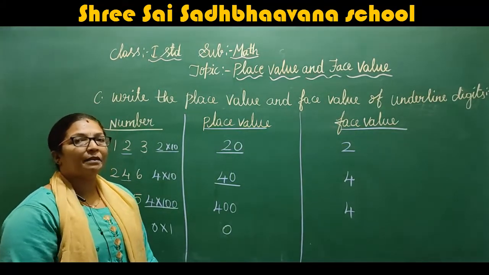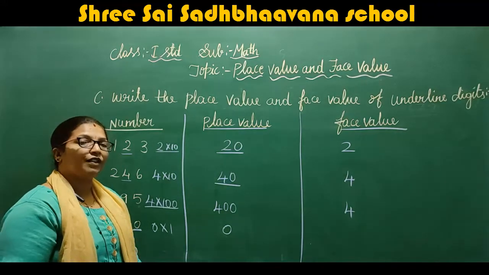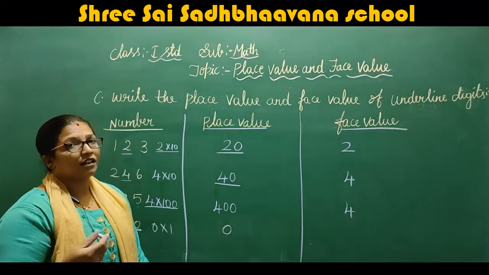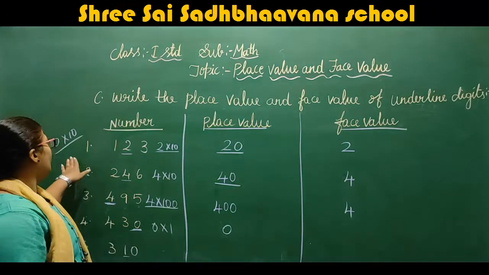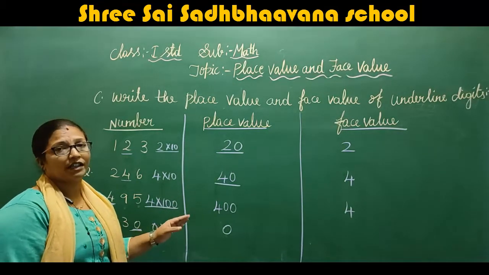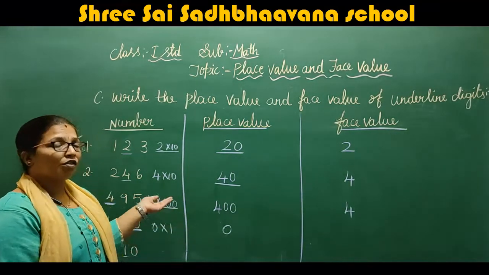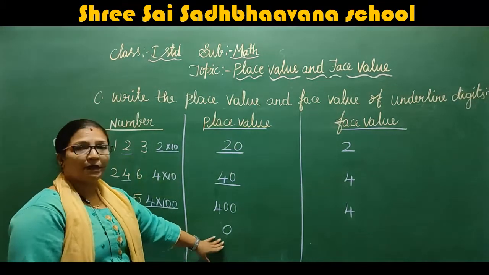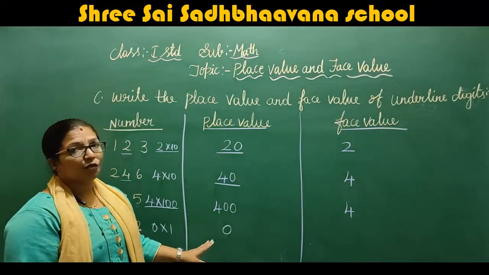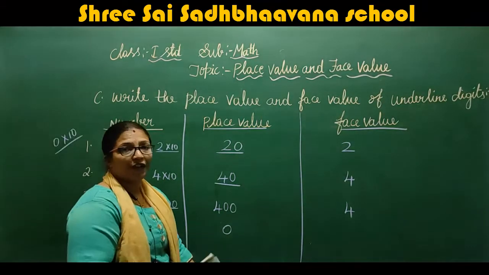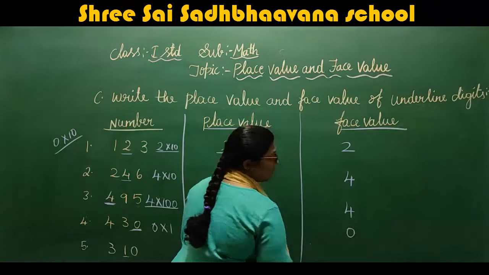No. Whichever digit we multiply, if 0 is in the hundreds, tens or ones place, it will be 0 only. 0 tens are also 0. 0 hundreds are also 0. So wherever 0 is, its place value will be 0 only. It won't change. So its face value is also 0.